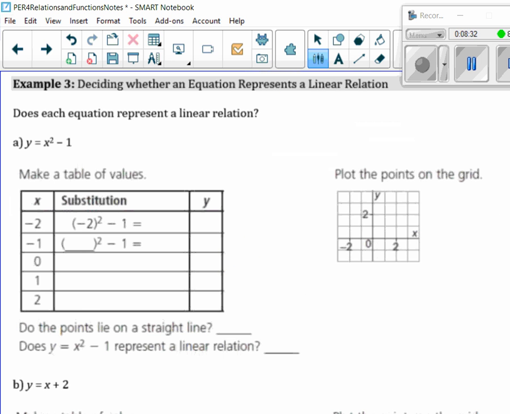Okay. Are you here? Yeah. Okay, what about this one? y equals x squared minus 1. Do I need to do a table of values to figure out if it's a linear relation or not? My first guess is, what do you think it is? No, why? Because what?